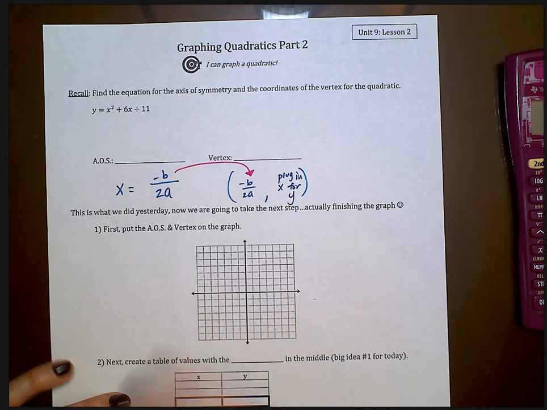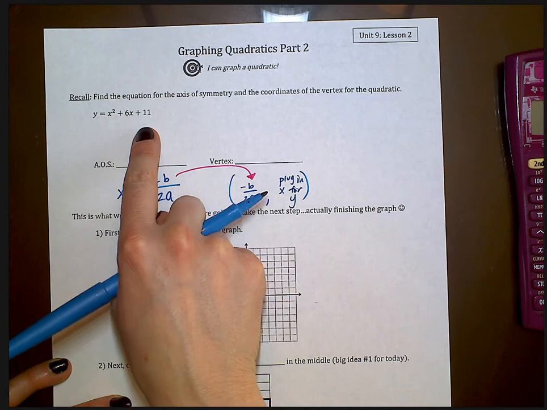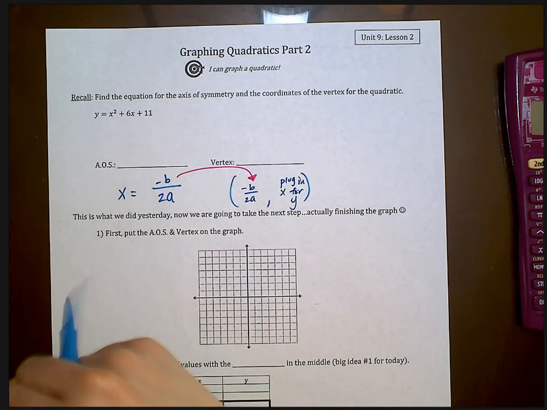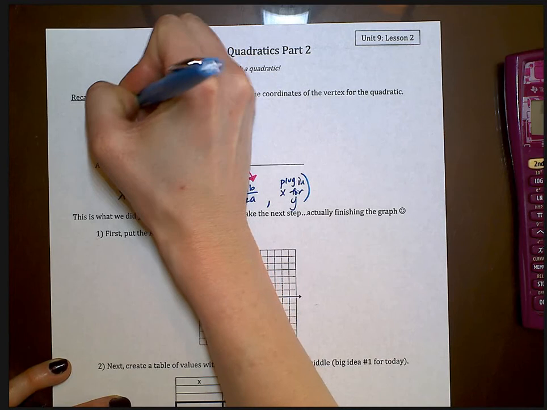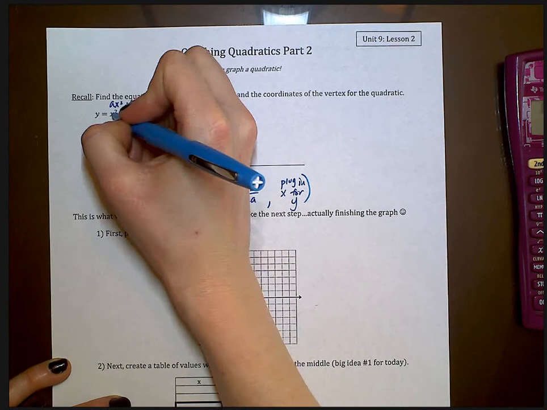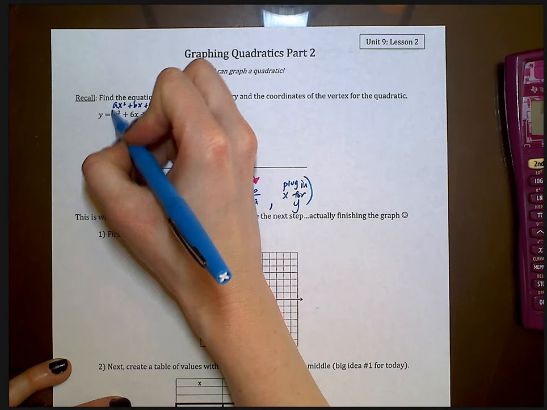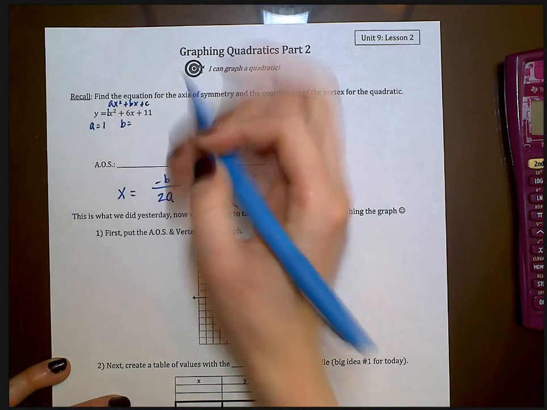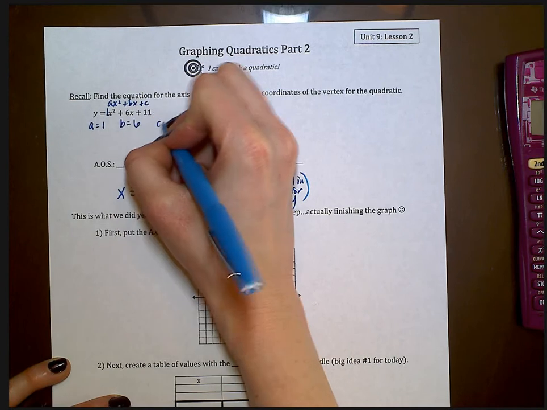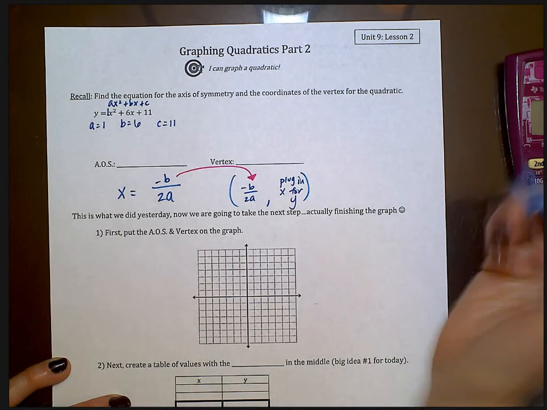So we're going to say plug in x for the y. Okay, so if I analyze this quadratic right here, and I think about what's a, what's b, what's c when I compare it to the general form, the a is the number that sits in front of the x squared. In this case, it's just a 1. The b is what sits in front of x, so in this case it's a 6. And the c is the constant at the end, which is 11.